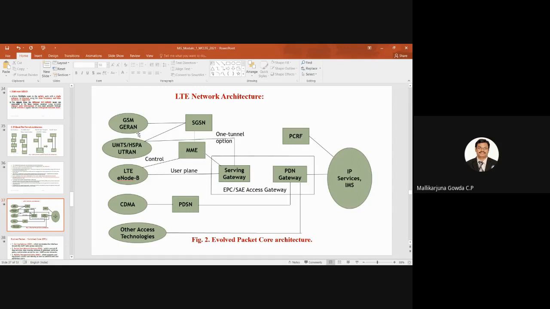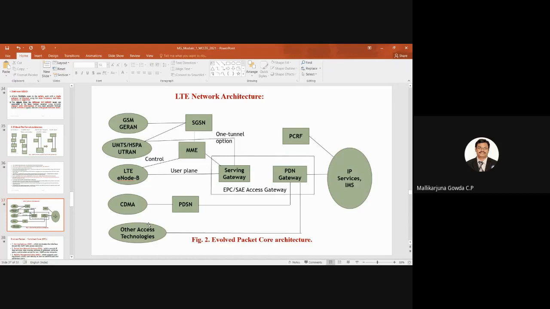This GSM will be connected to SGSN, that is serving GPRS support node. Then that SGSN will be connected to the mobility management entity of this LTE network. Then this UMTS or HSPA is also connected to SGSN, and in turn it is directly connected to serving gateway also. So this we call as one tunnel option.